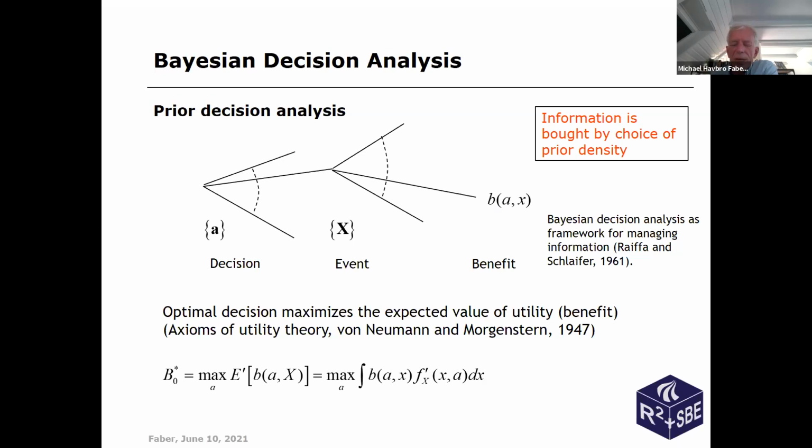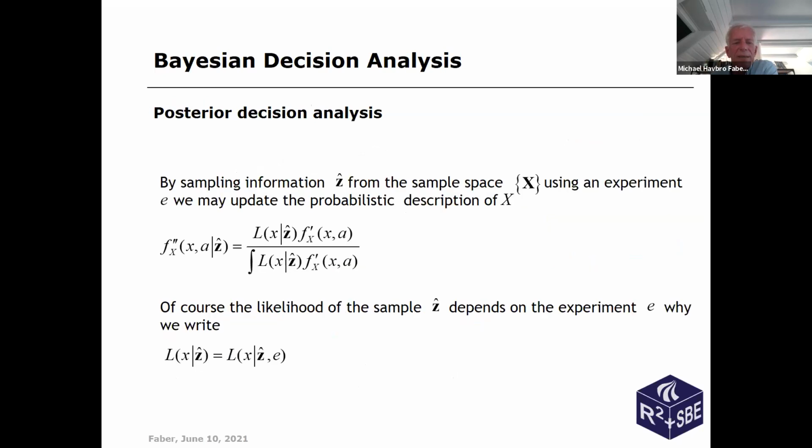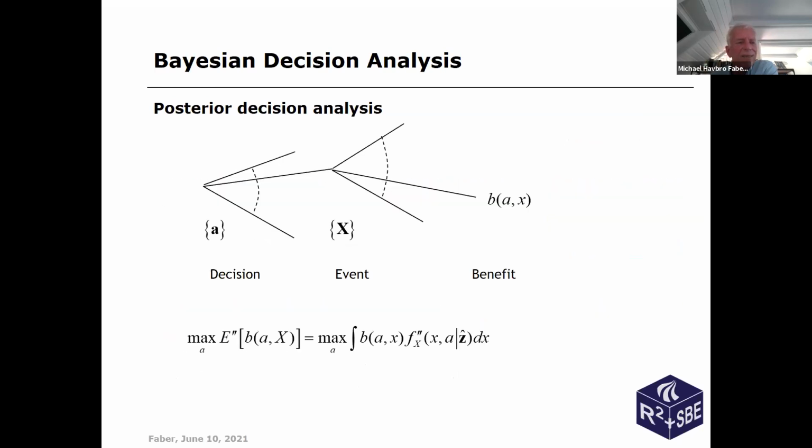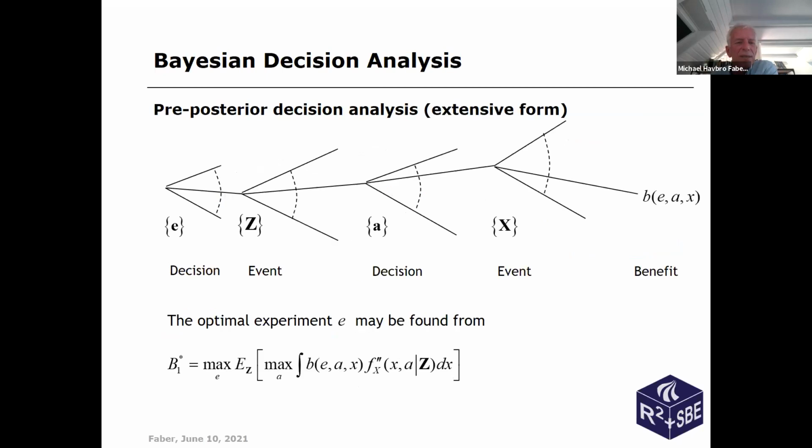When we have the system, when we have established our models, including the competing models, then we need to make decisions. And we have the prior decision analysis, we have the posterior decision analysis, and we have the pre-posterior decision analysis.